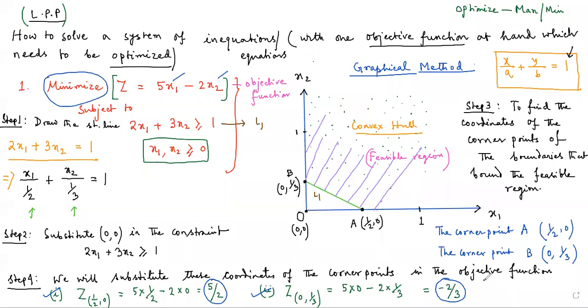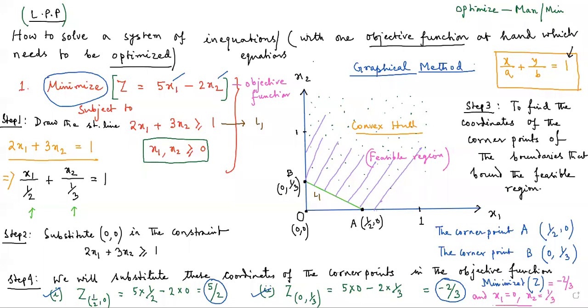So the minimized value of z is equal to -2/3, and the optimum value of the variable x1 is 0, and the optimized value of x2 is 1/3.